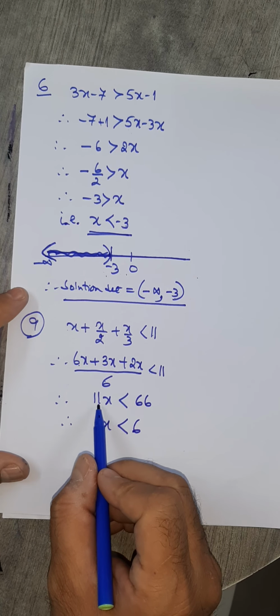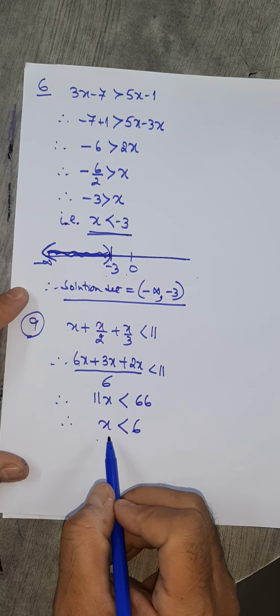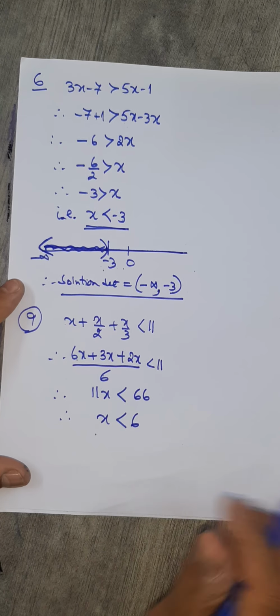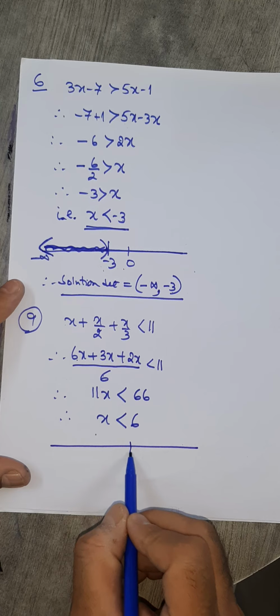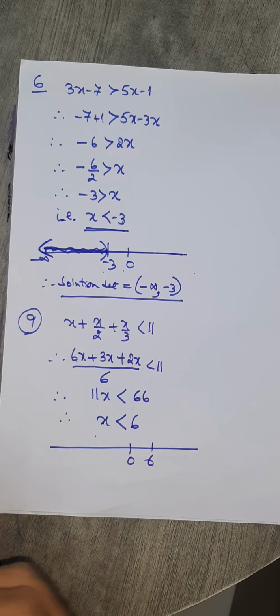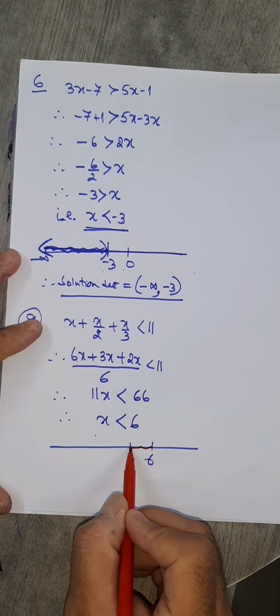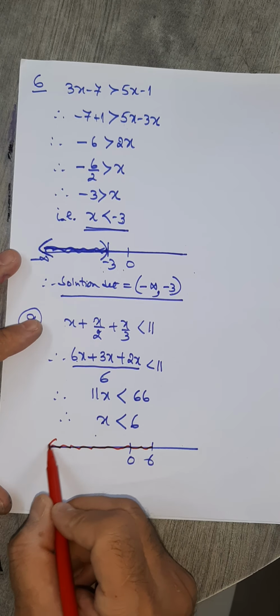Cancelling 11 from both sides. You are cancelling a positive number, remember. If you are cancelling a negative number, the inequality gets reversed. Now what's the meaning of this here? This is 0, here you have 6. x should be less than 6. The value of x should be less than 6. So these are the possible numbers. 6 is not included, remember.